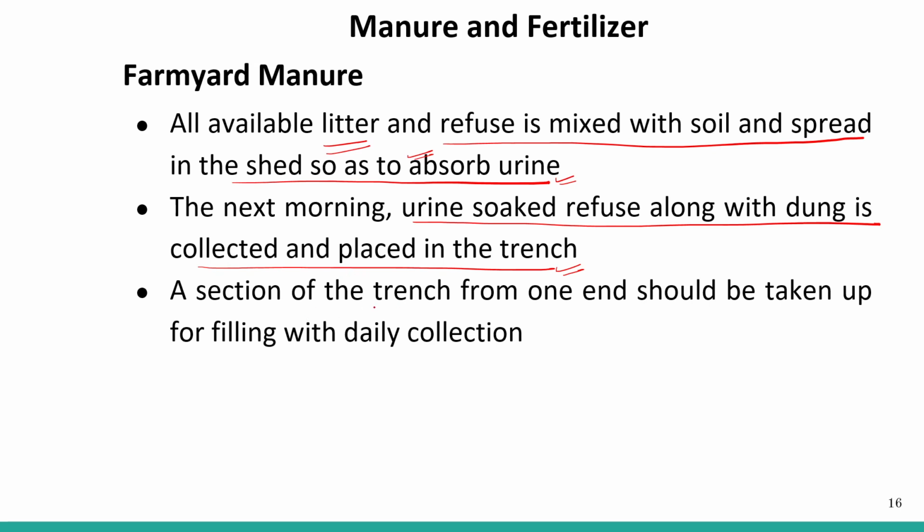A section of the trench from one end should be taken up for filling with the daily collection. So this process can be followed daily, with a stepwise collection. The oldest one is at one end and the new urine mixed soil and dung can be put at the other end. So the oldest one can be used on our farmland.